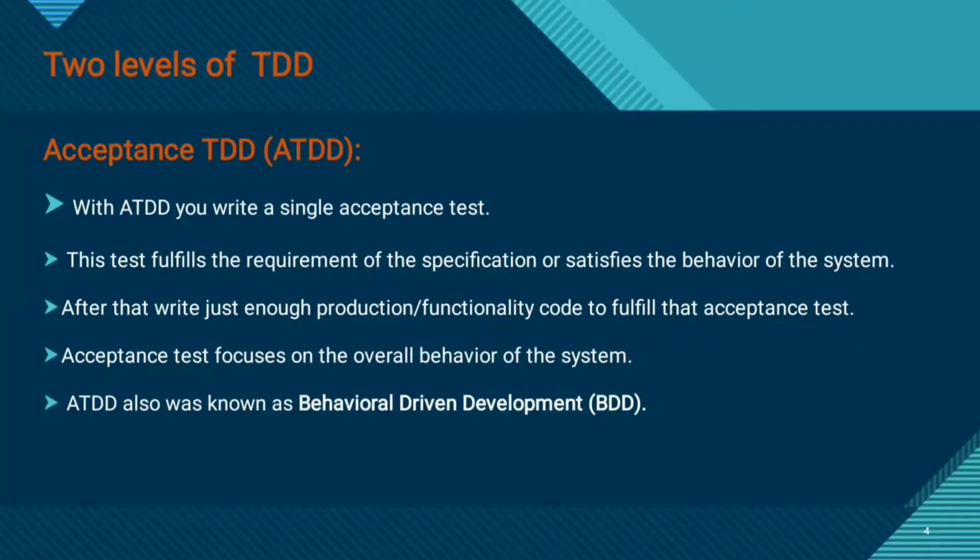After that, write just enough production or functionality code to fulfill the acceptance test. Acceptance test focuses on the overall behavior of the system. ATDD is also known as behavioral driven development, which is BDD.